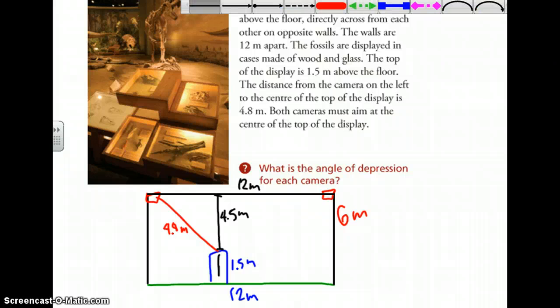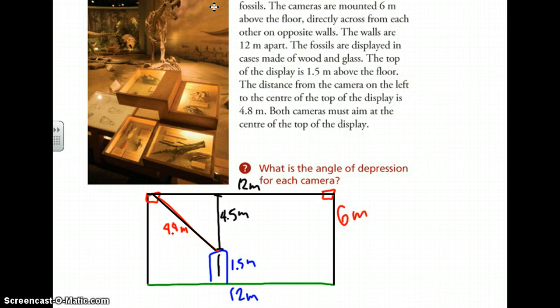Essentially, we're looking for that angle and this angle here: theta there, and say alpha here. The angle of depression means from a horizontal like this, down, how far down does it go? So we want to find those two angles.